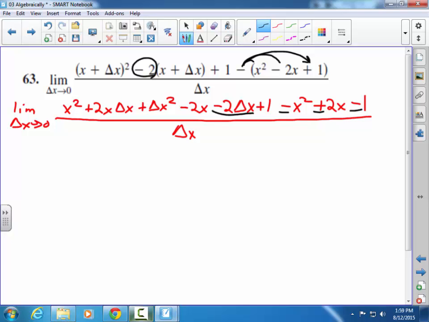Just remember all the way back to Algebra 1. You're distributing negatives, so let's see what happens there. And once it gets there, I think it's pretty straightforward. You can cancel, I think about 3 things look like they cancel out, and I bet you can do kind of like what we did last time and factor out a delta x, and then poof, the answer just will fall into our lap. Let's see if that works.